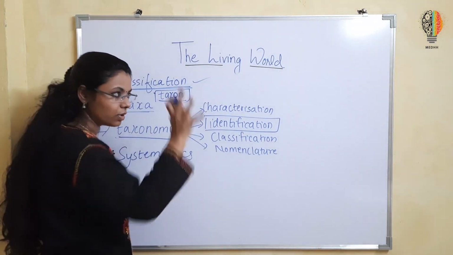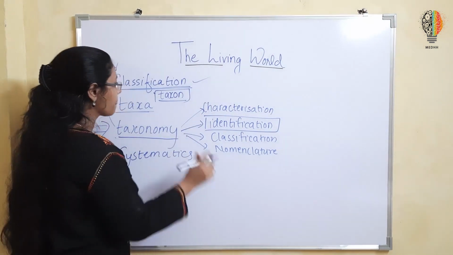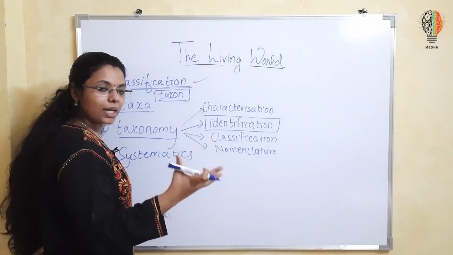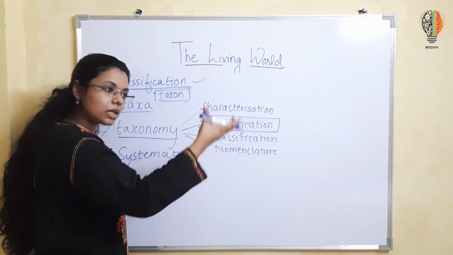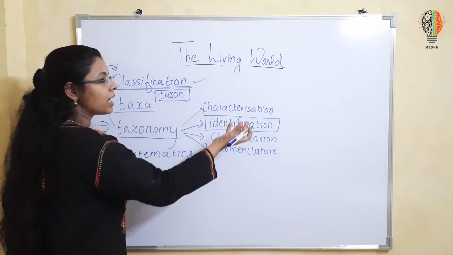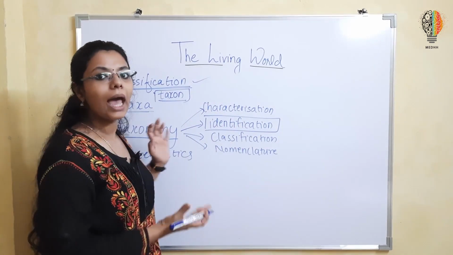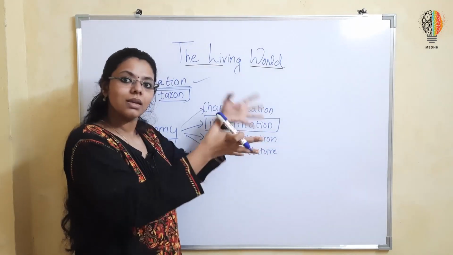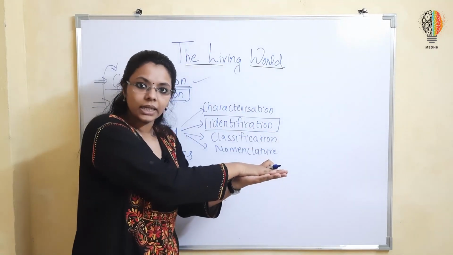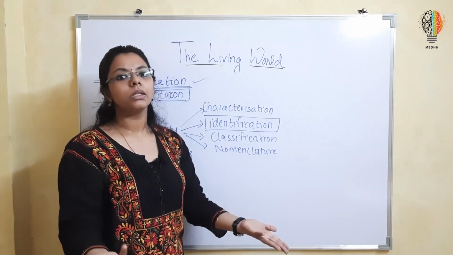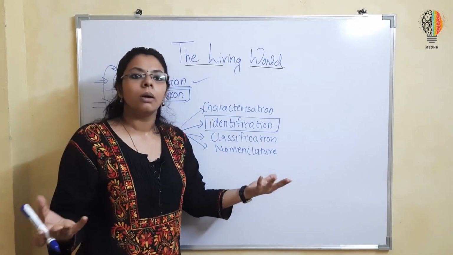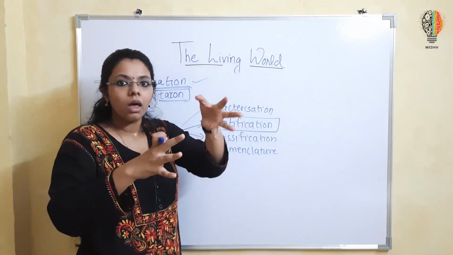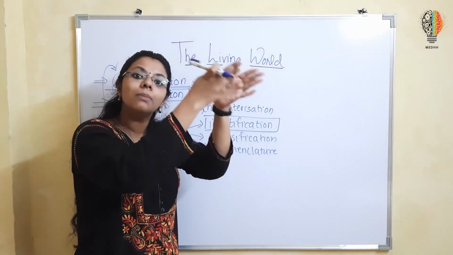Classification is categorizing according to similarities. If I say plants, of course you won't think of animals, because I've categorized all the similar looking things into one kingdom. If I say animals, of course you won't imagine plants, because I have categorized similar looking organisms in the animal kingdom.